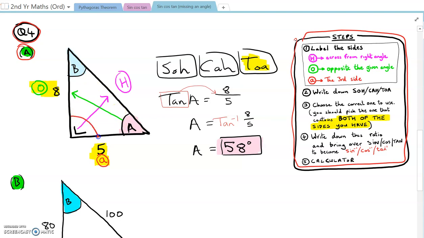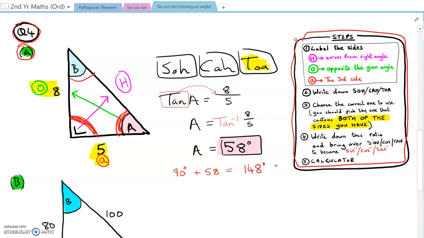So this angle plus this angle plus this angle will come to 180. Now I know what this angle is already. It's 90 degrees. And I just found what A was. It's 58 degrees. And when I add A and this angle together, I get 148 degrees.